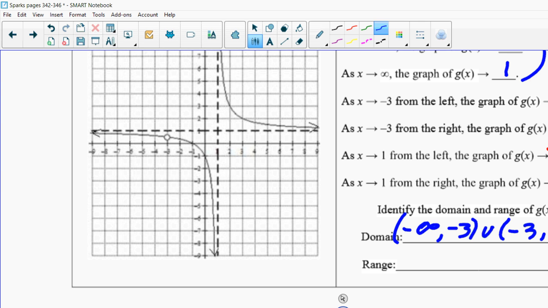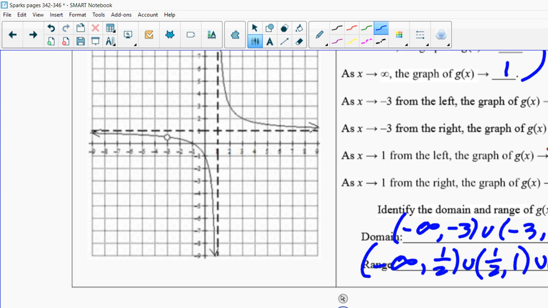What's your range? Not only can I not talk fast, I can't write fast either. Why did y equal 1/2 get left out? Good, the y value of the hole. Why did y equal 1 get left out? The horizontal asymptote. You okay so far?